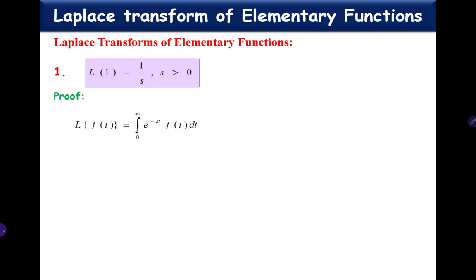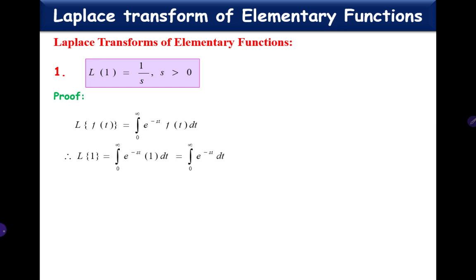Laplace transform of f of t is integral 0 to infinity e power minus st f of t dt. Now to find Laplace transform of 1, in place of f of t we take 1. Then we get L of 1 is integral 0 to infinity e power minus st into 1 dt.